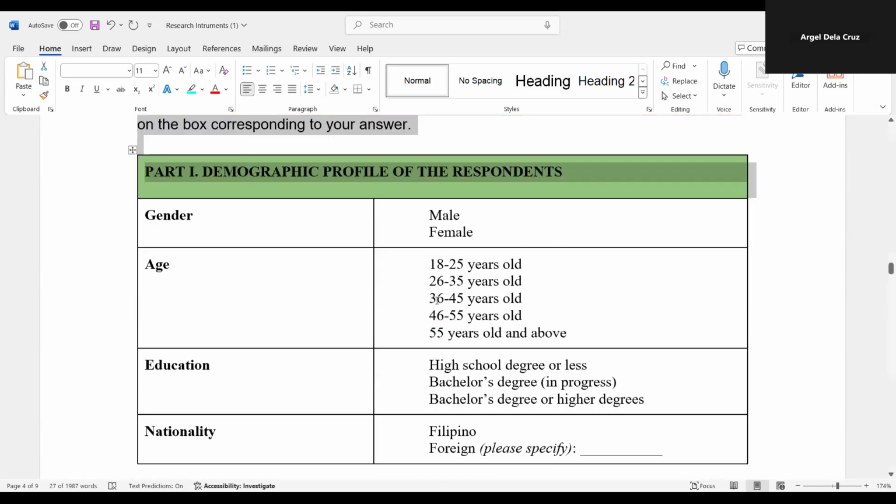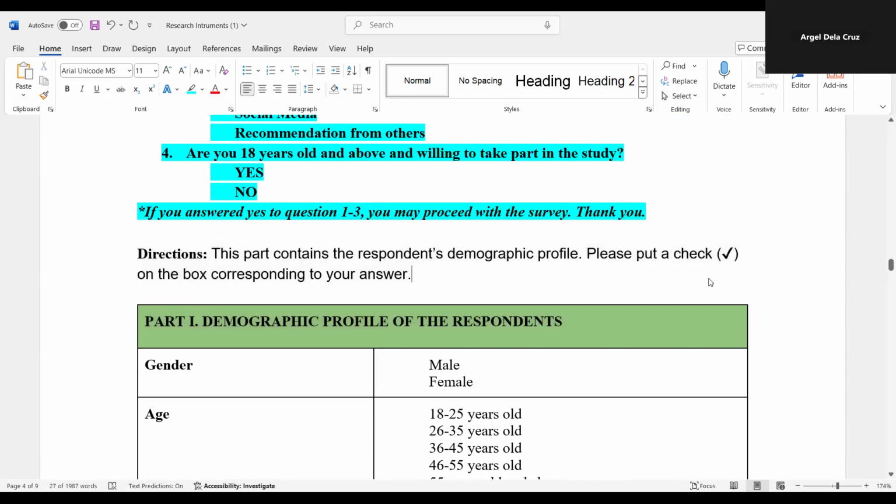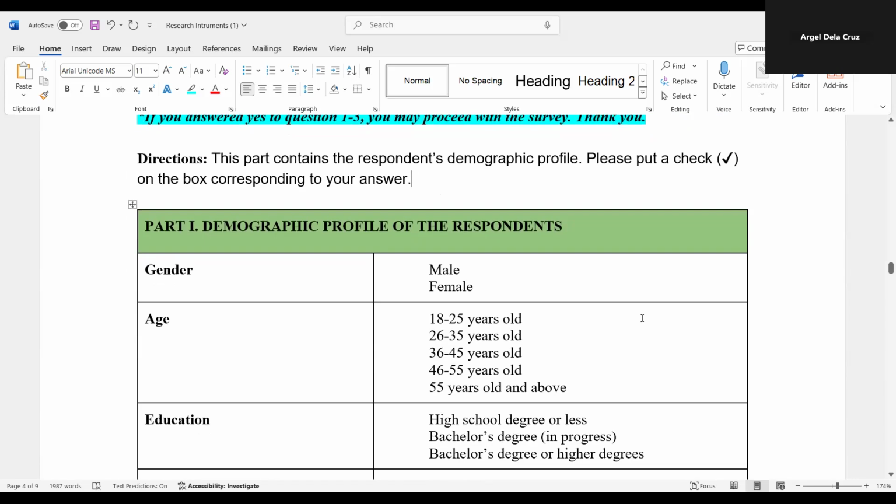Now, demographic is important if you're going to have the t-test. Meaning to say you're going to compare the significant differences of different means or subgroup of your population. Okay? Example, you would want to distinguish the difference between the age group. Let's say, is the response from age group 18-25 different from age group 55 and above?